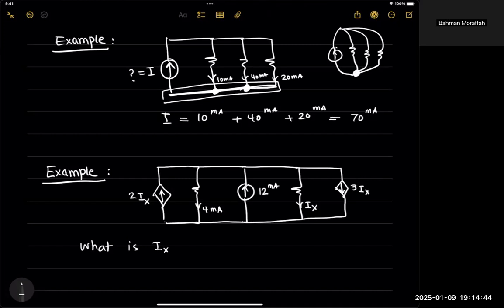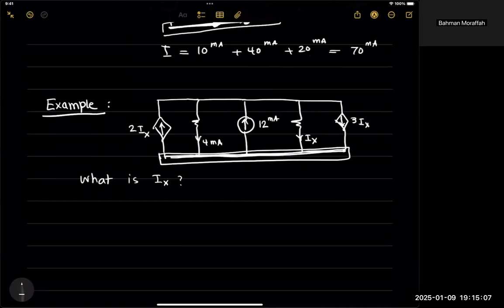Well, we know KCL, so we have to determine where the node is. So we're going to look at the whole thing down here as one node, because it's the portion of wire that's connecting all these elements, and there is no other element in between. If I look at that as one node, I know whatever is going in should be the exact same thing as whatever is coming out.